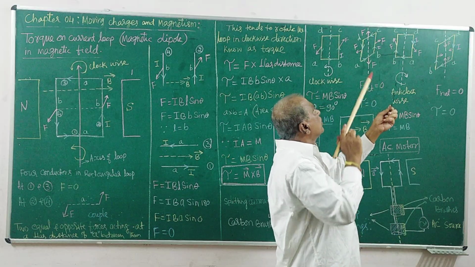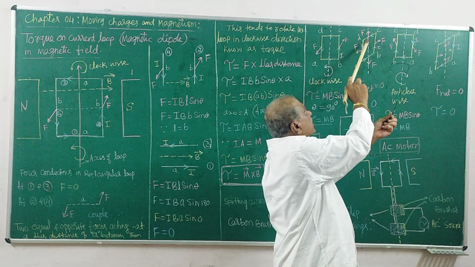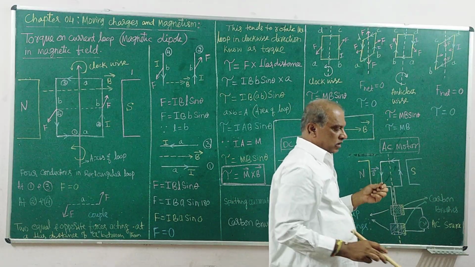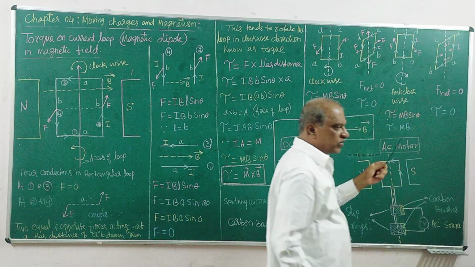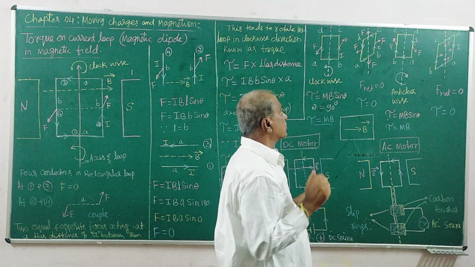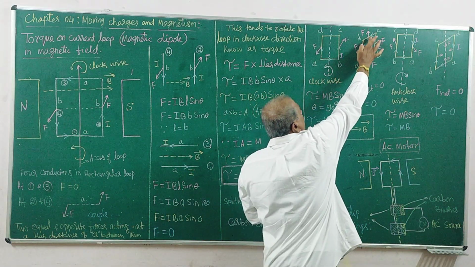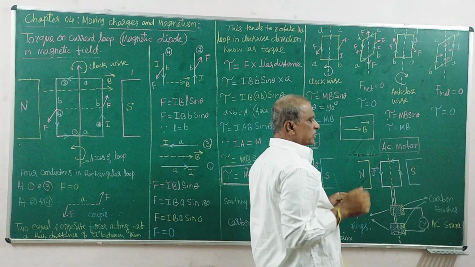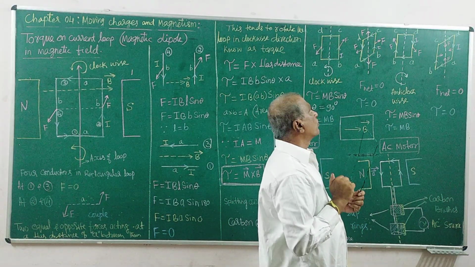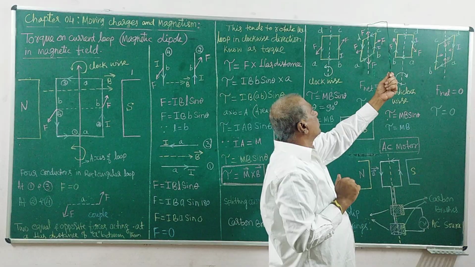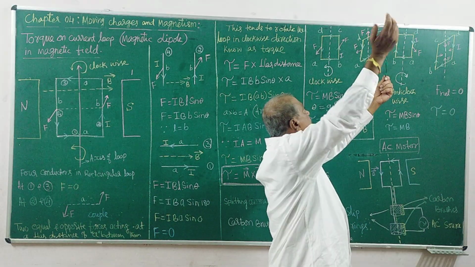Calculate the force exerted on this conductor. The amount of force is from the same equation, but the direction is very important. Here are two equal forces. What is the direction? Direction using the palm rule.